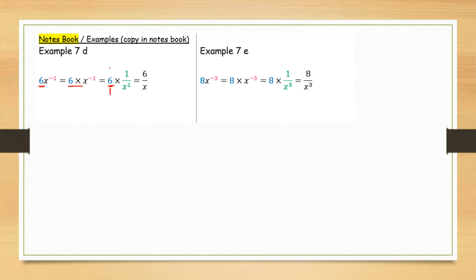When we multiply fractions, 6 ones are 6. 1 times x to the 1 is x. Example 7e, 8x to the minus 3. This means 8 times x to the minus 3. So 8 times 1 over x cubed. So 8 goes on the top of our fraction here. And that's our simplified final answer.